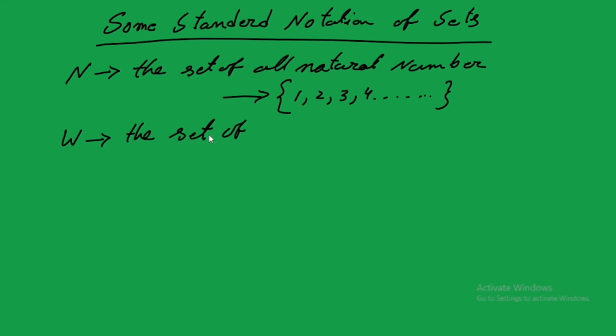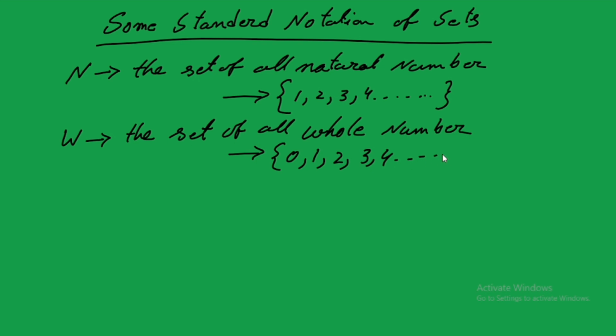the set of all whole numbers, and whole numbers start from 0, 1, 2, 3, 4, and so on. Another notation is Z or I. This is called the set of integers.